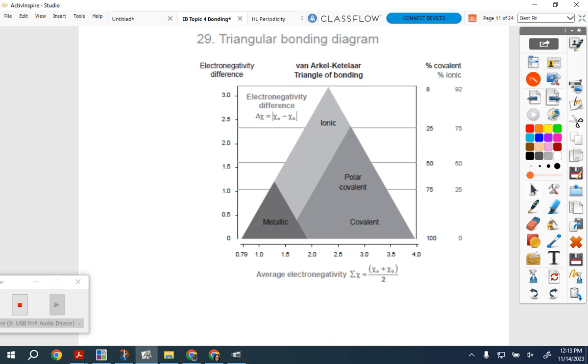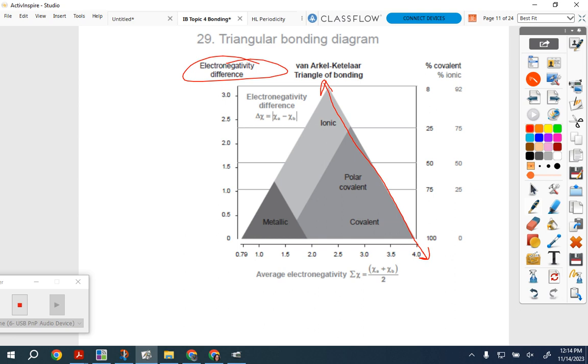This is the next level of what we talk about when we talk about bonding types in honors chemistry. In honors chemistry, we're basically just talking about this axis here, going from ionic to polar covalent to covalent, and looking at the electronegativity difference. If there's a large enough electronegativity difference, then we call the bond between the atoms an ionic bond, and we say that the electrons have been transferred completely from one species to the other.